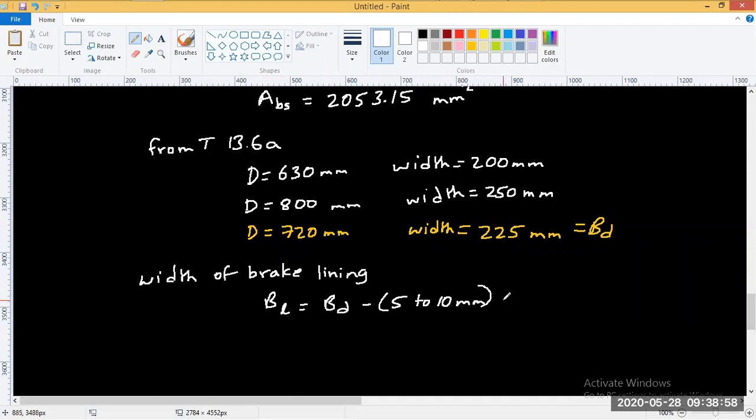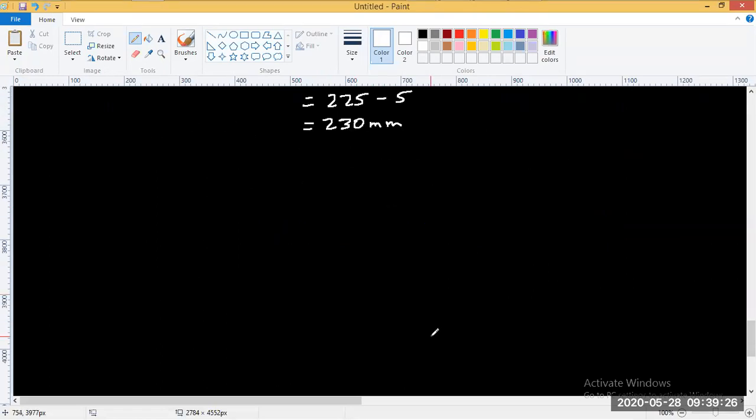You can decide that as given in equation 13.16i. Okay, so BD is 225 as got, and let me just assume 5 mm. They can go midway or anyway, it's just 230 mm. Right, so that is done.